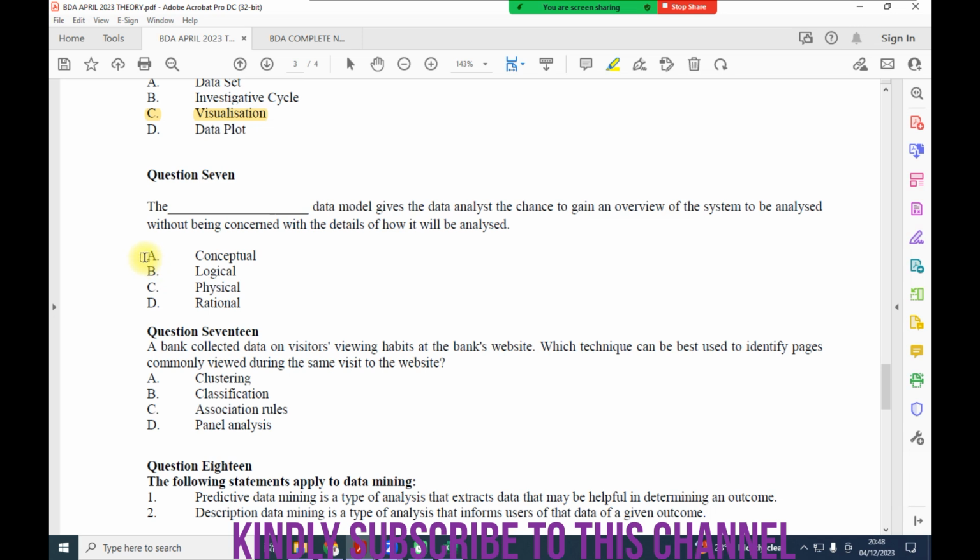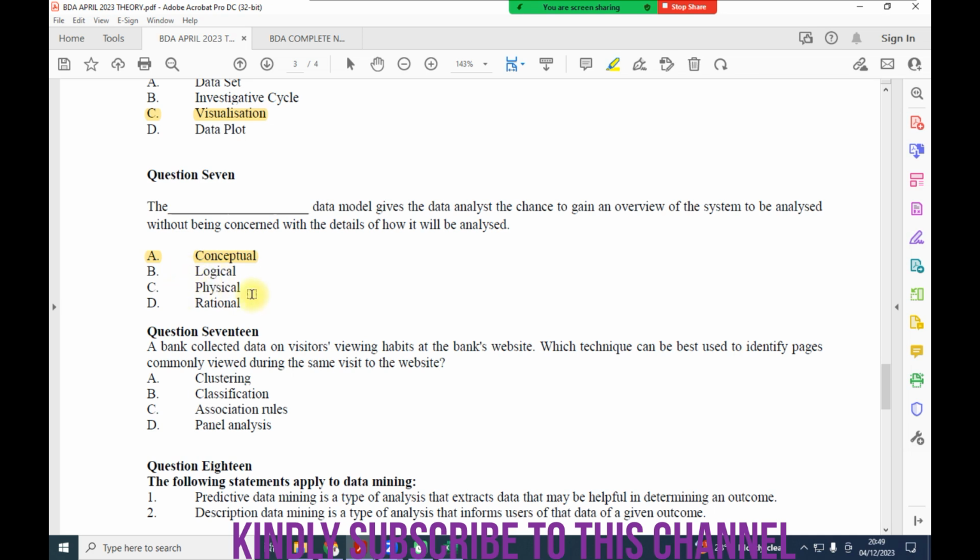So here we are not going into the detail, and we said if we are not going into the detail, we are dealing with the conceptual. Conceptual doesn't go into detail. Logical is the one that goes into detail over how the system will be analyzed, the much detail will go to the logical. Physical is about the implementation, because already we have known how the system will be communicating, the entities, we know all those items under the logical.